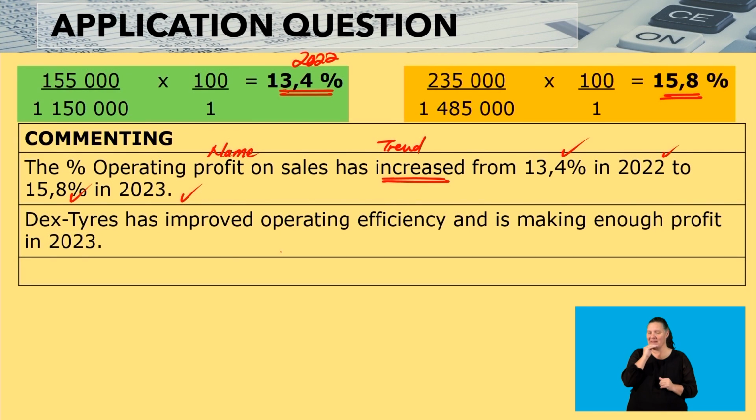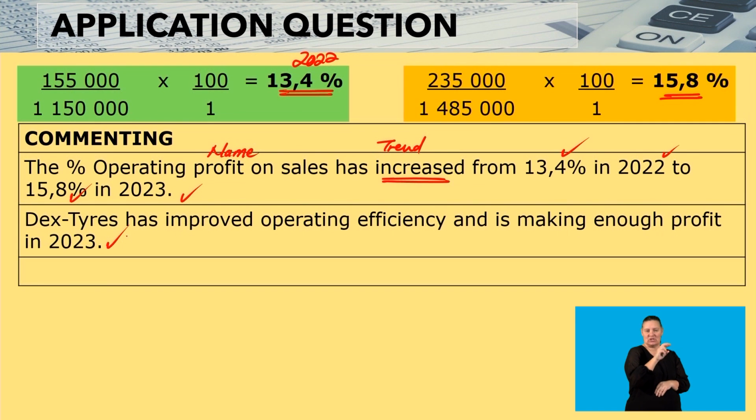That will then give you a picture: if your operating profit on sales has increased, what does that mean? It means the company has improved operating efficiency and it is now making enough profit in the year 2023. In other words, the year 2023 is better in terms of profits as compared to the year 2022.